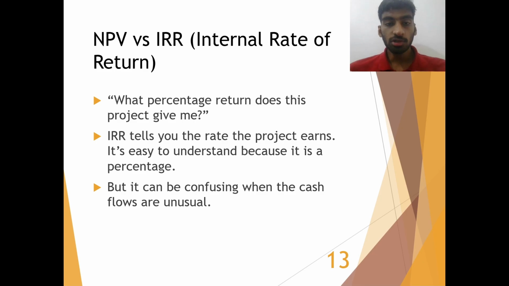NPV uses a discount rate chosen by you, but the IRR, internal rate of return, finds the discount rate that makes NPV equal to zero, that exact value. So NPV is more reliable for choosing between projects, while IRR can be misleading when the projects have different cash flows.